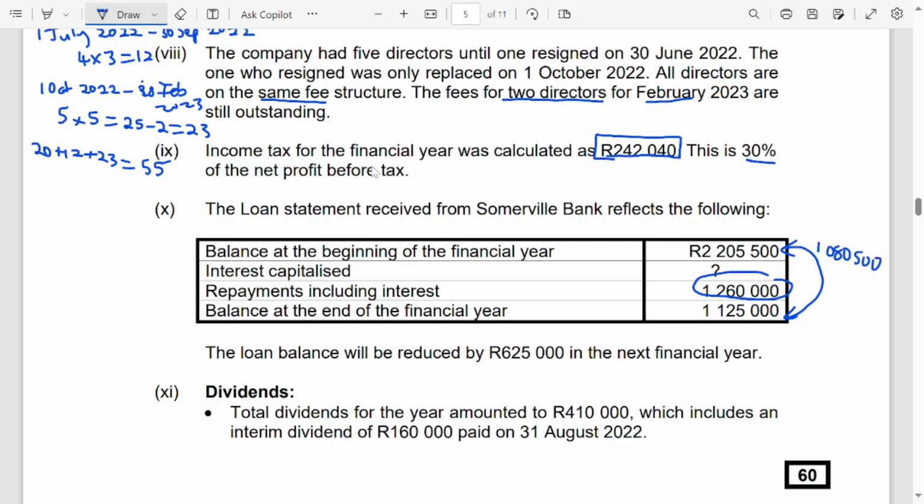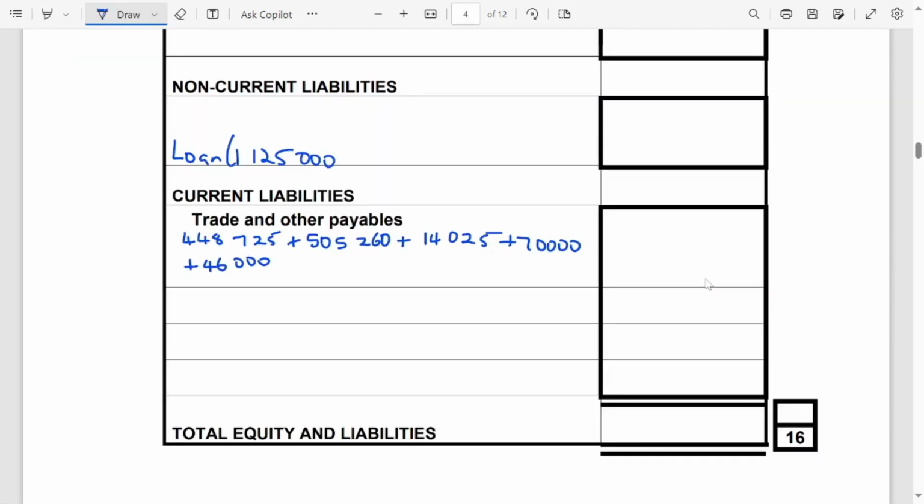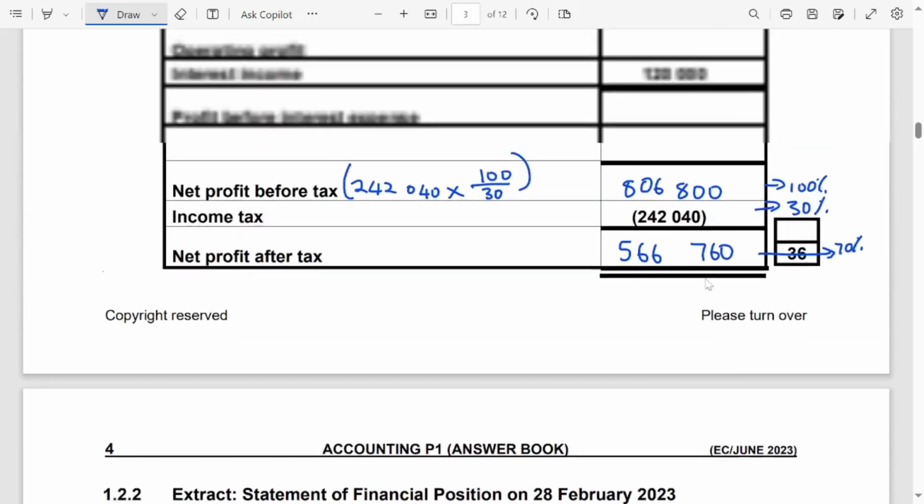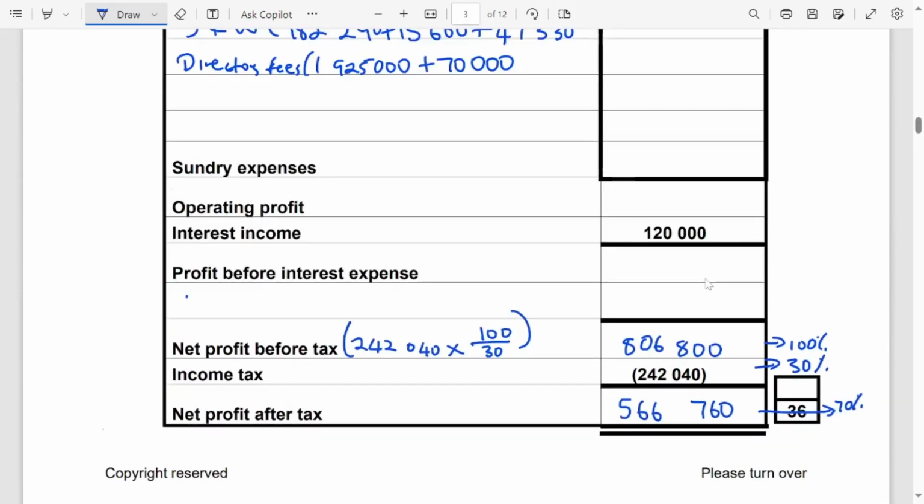But this repayment is bigger than this one. Why? Because this repayment includes the interest. Remember, when they say interest is capitalized, it means that the repayments include the interest. Because here we're looking for the interest that is going to the income statement, we have to find the difference between this repayment that includes the interest, which is 1,260,000. This is the interest expense, interest on loan.